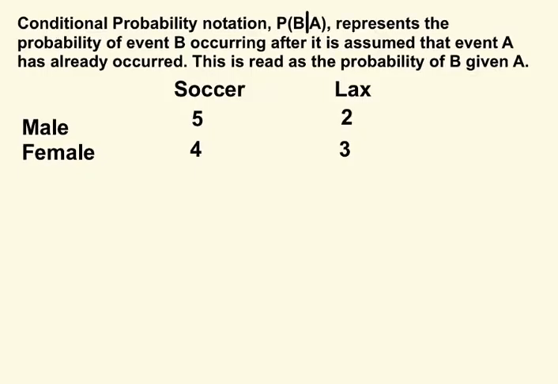Now moving on further, there are times in conditional probability notation when we want to know the probability of B given that A has already occurred. Now, let me explain this. Let's imagine that the event A means that we have selected a male. So we have this set of people, males and females, soccer and lacrosse players.